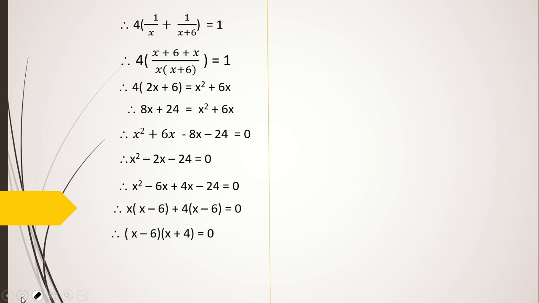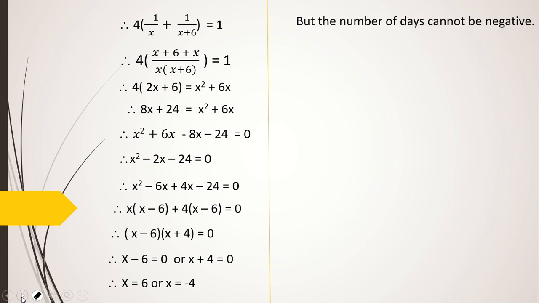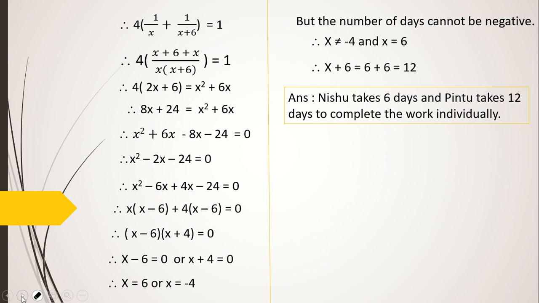Equate both the factors to 0 and we will get x is equal to 6 or x is equal to minus 4. But negative value we don't take, because the number of days cannot be negative. So we take x is equal to 6 and therefore x plus 6 is 12. So Nishu takes 6 days and Pintu takes 12 days to complete the work individually.